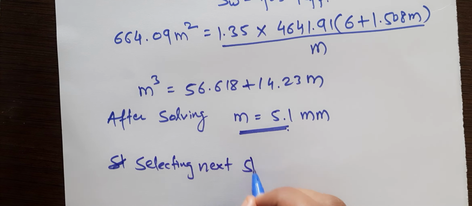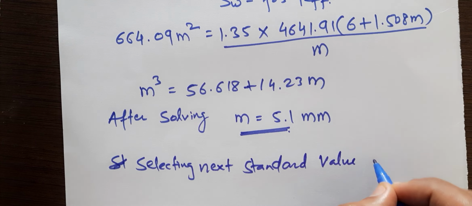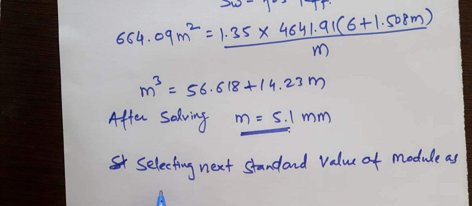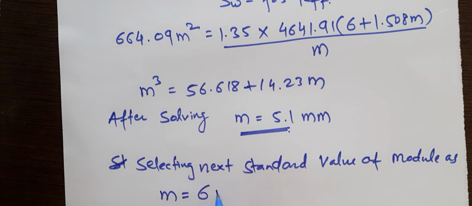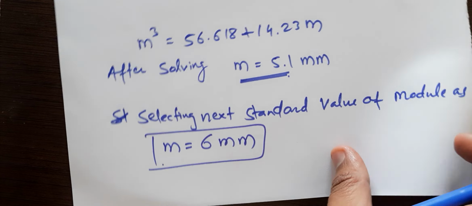After 5.1 the next standard value is 6 mm. So 6 mm will be your next standard value of module. Now after getting the value of module, you need to find the dimensions of the gear pair. So your next step 6 will be dimensions of the gear pair.